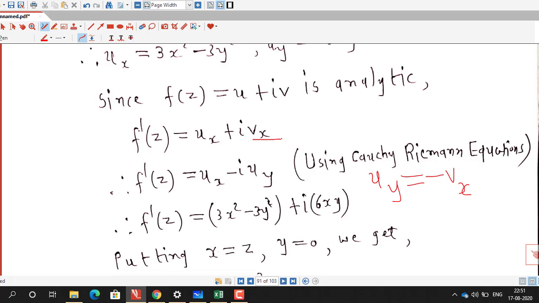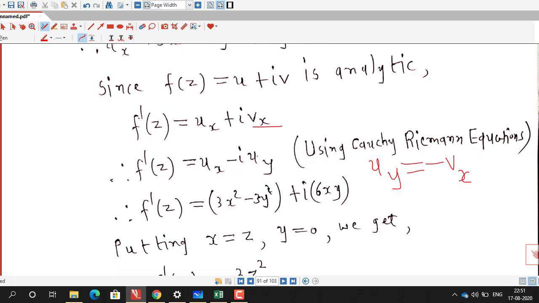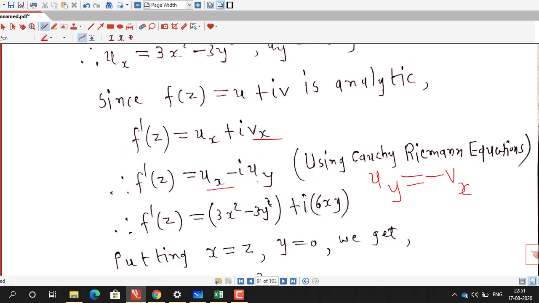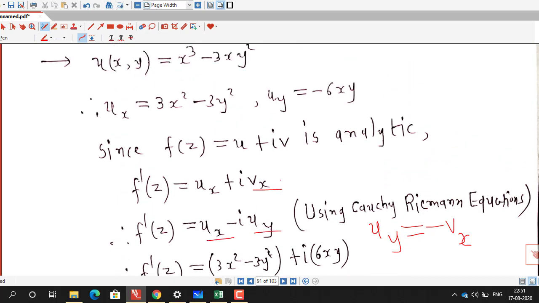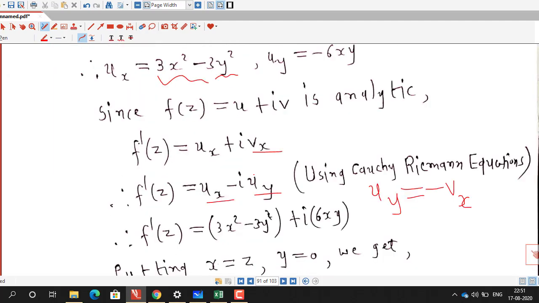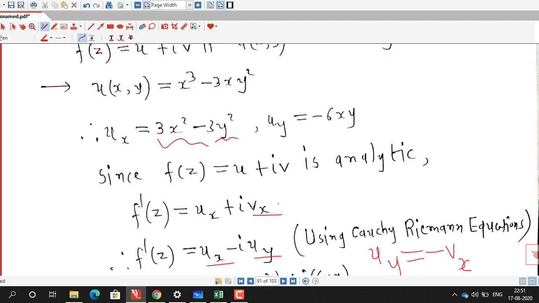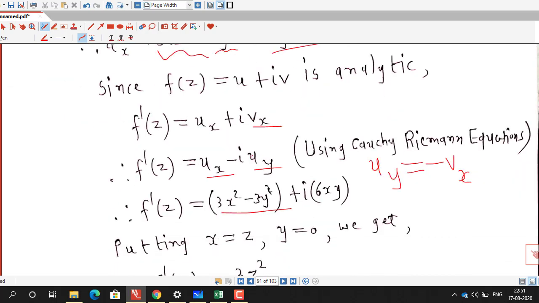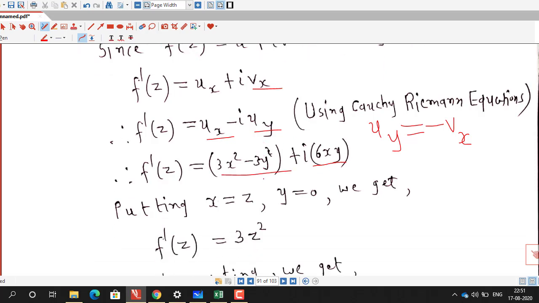So we replace del v by del x by minus del u by del y, and then we put the values of del u by del x and del u by del y. Del u by del x is 3x square minus 3y square, and del u by del y is minus 6xy, but here we have minus del u by del y, so it is going to be 6x into y.